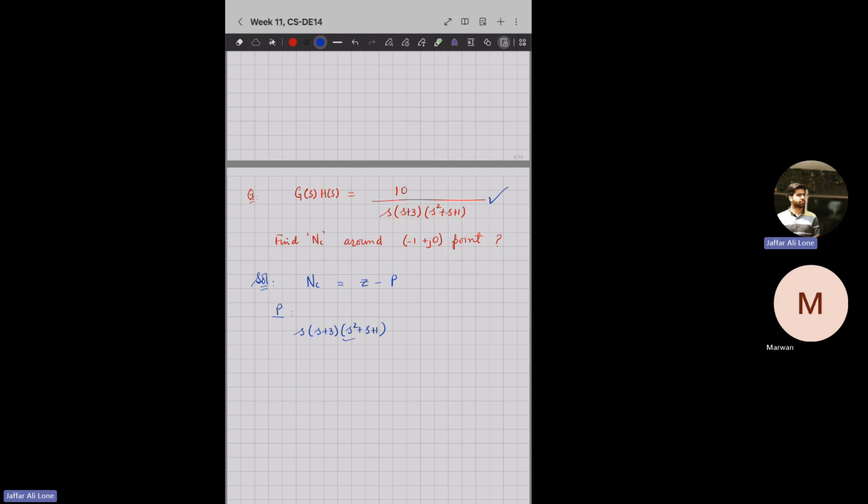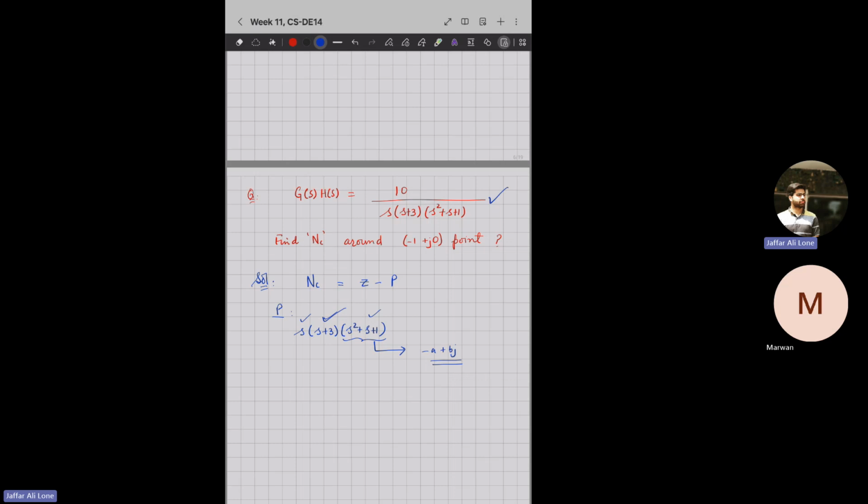If you solve this, there are 4 roots of this equation. You'll get a complex root, minus a plus bj, which is in the left half plane, and this is -3 in the left half plane, and this is 0.